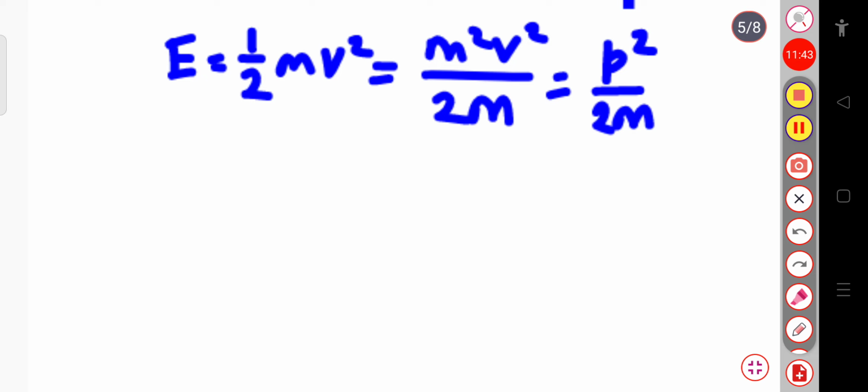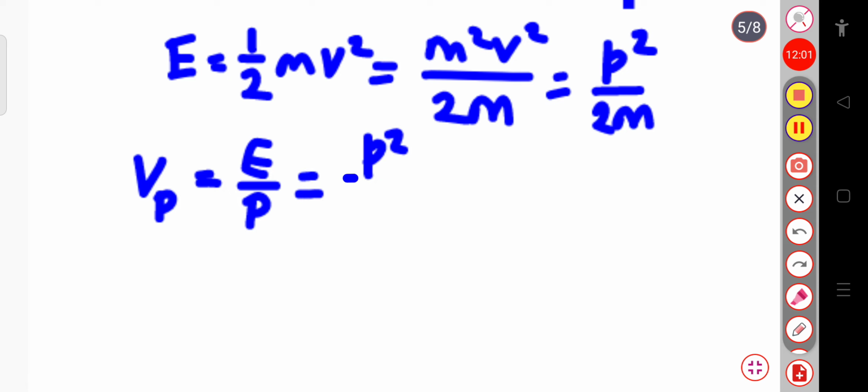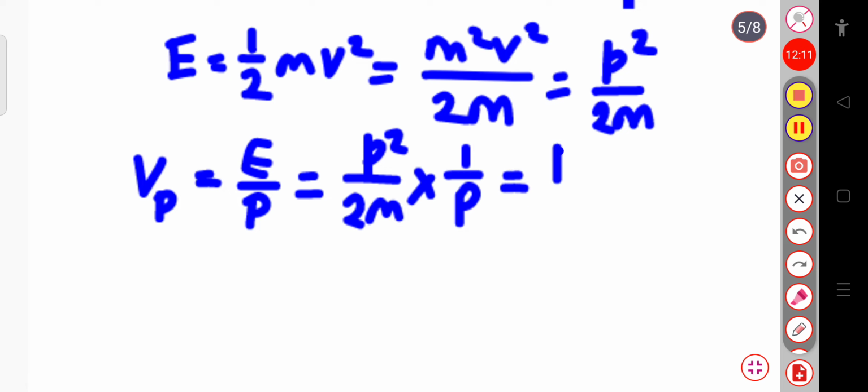Now the phase velocity of the de Broglie wave, that is, if I write the phase velocity, Vp will be equal to E by P, we have calculated Vp equal to E by P. So in place of E, if I put p square by 2m, and here E divided by P, so this is 1 by P, that is equal to P divided by 2m.